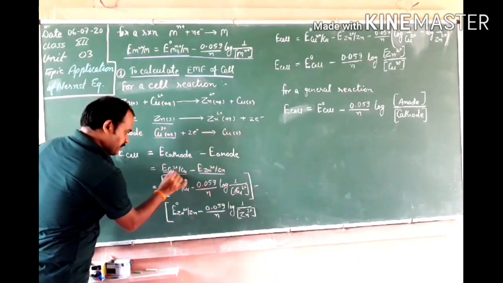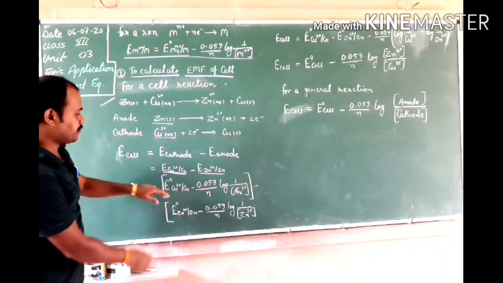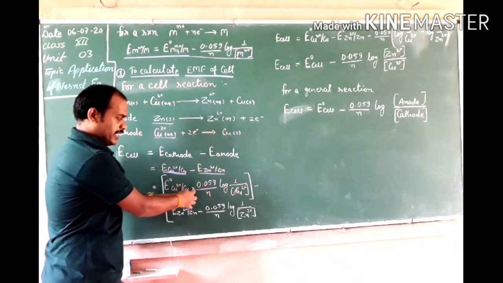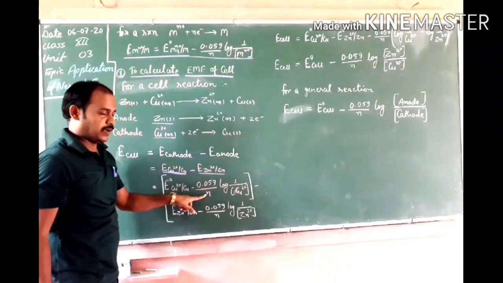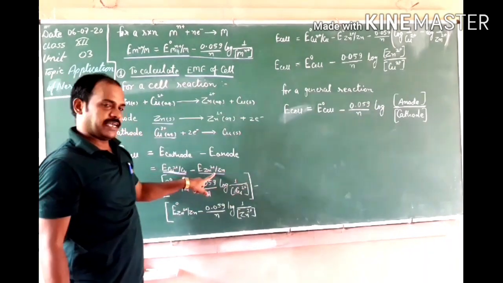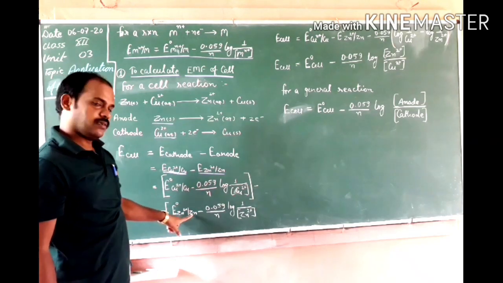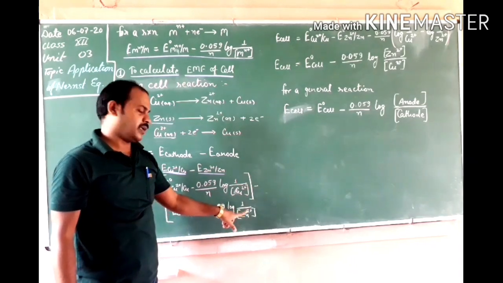So we can write the Nernst equation as the standard electrode potential of copper minus 0.059 by n log 1 by Cu2+. Similarly, for the anode, we can write the Nernst equation as E0 of zinc minus 0.059 by n log 1 by Zn2+.